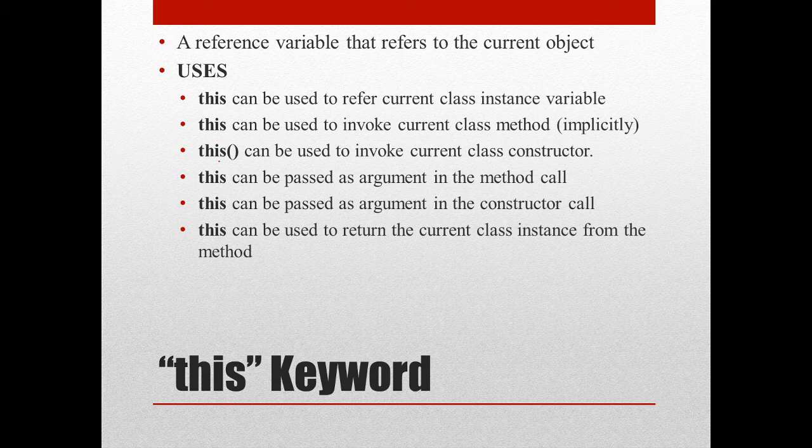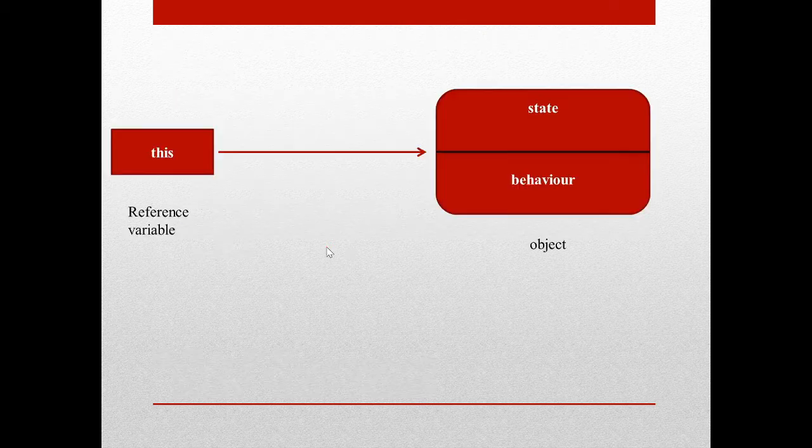Number 3, this can be used to invoke the current class constructor. This can be passed as an argument in the method call, and this can be passed as an argument in the constructor call. So this can be used to return the current class instance from the method.